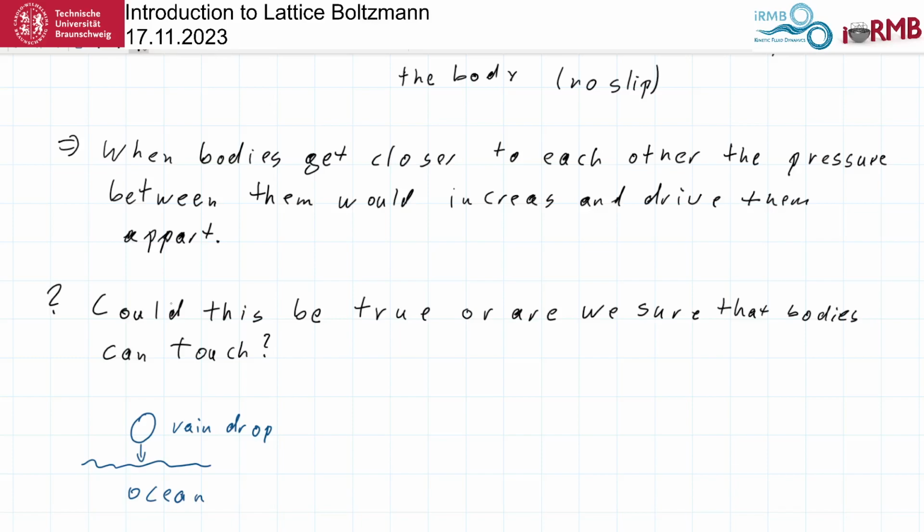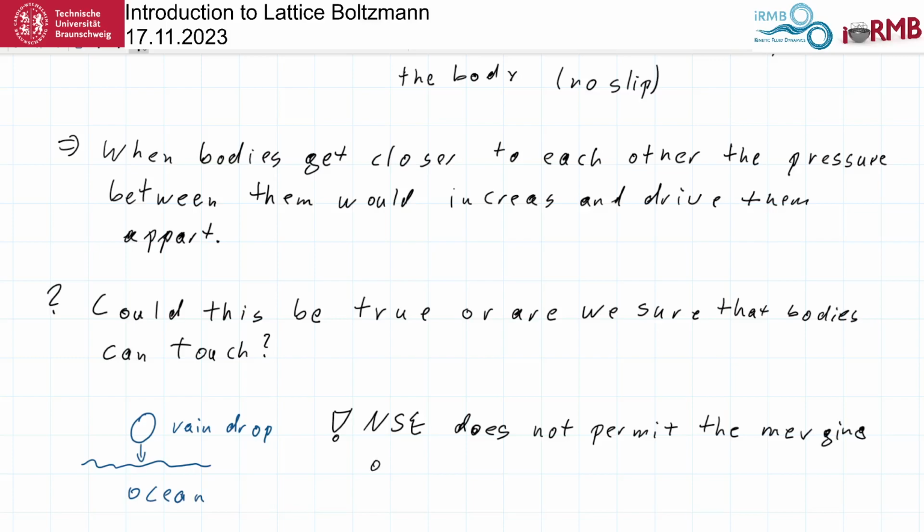So finally the Navier-Stokes equation is not true. The Navier-Stokes equation would, for example, not permit the merging of a raindrop with the ocean. So this would look very funny. We would have a lot of foam, OpenFOAM probably.